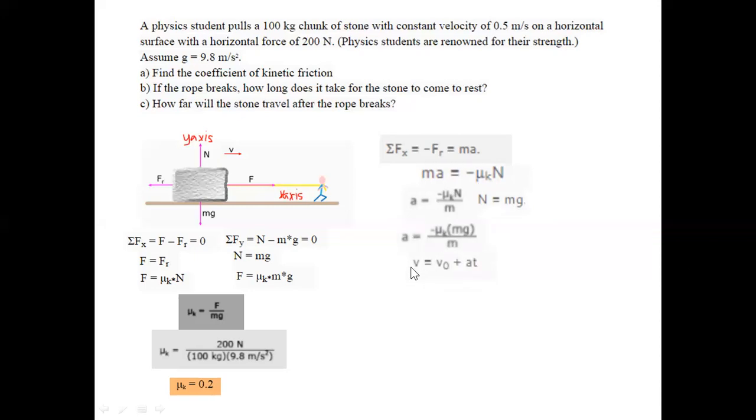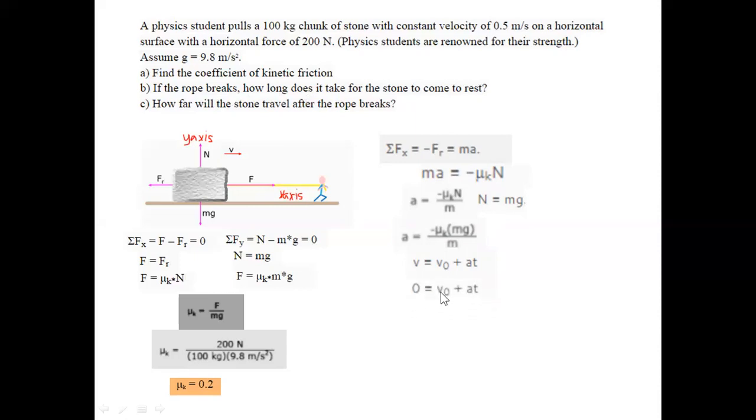And for solving the velocity, we're going to use the following equation: the final velocity v is equal to initial velocity vo plus at. But once the rope breaks, our final velocity will come to rest, so our final velocity would now be equal to 0.